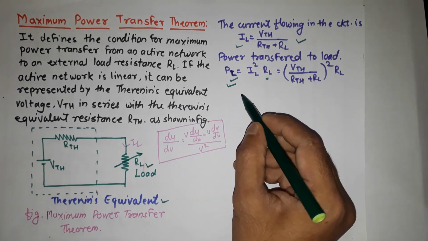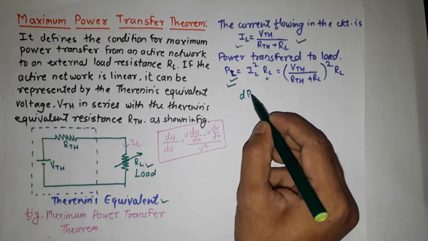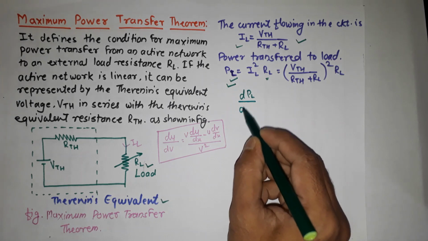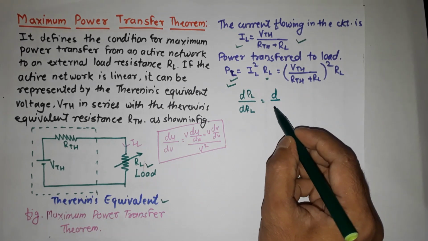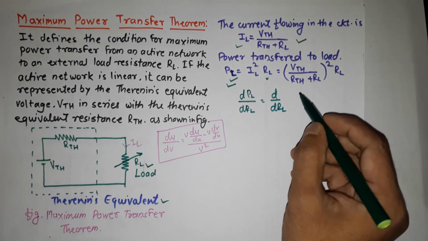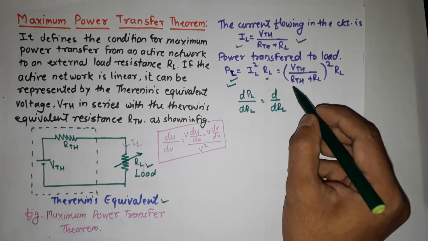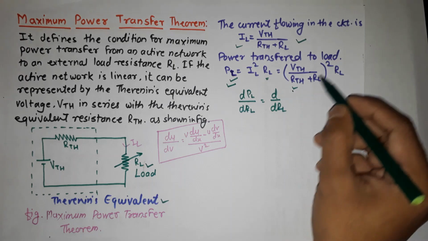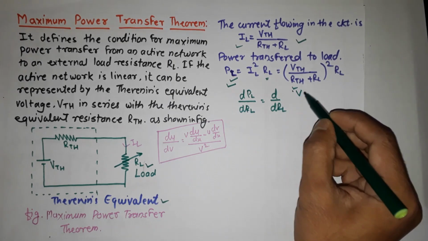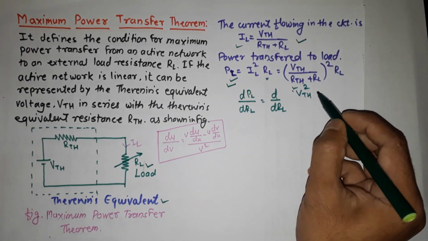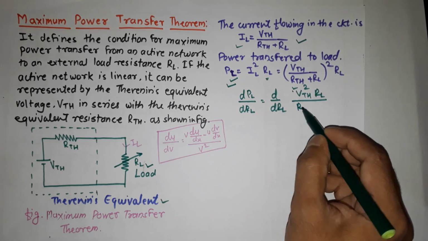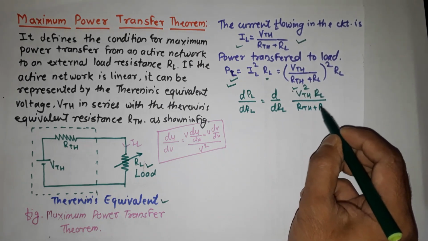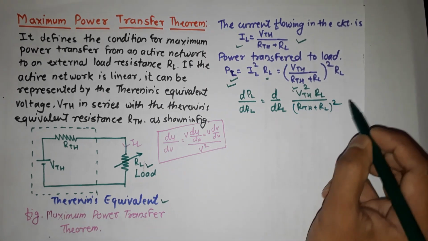So simply we differentiate the load power with respect to the load resistance. So it is d by dRL of this power, which is VTH square into RL divided by RTH plus RL the whole square.